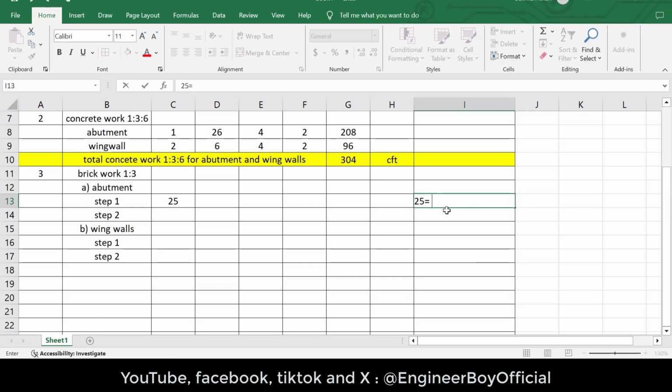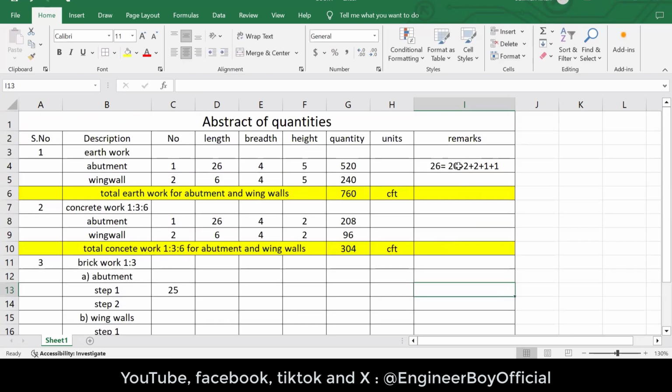And if you remember, here it was something different. You can also just mention 26, which is 20 plus 2 for one side, 2 for another side, and then adding 4 minus 2.